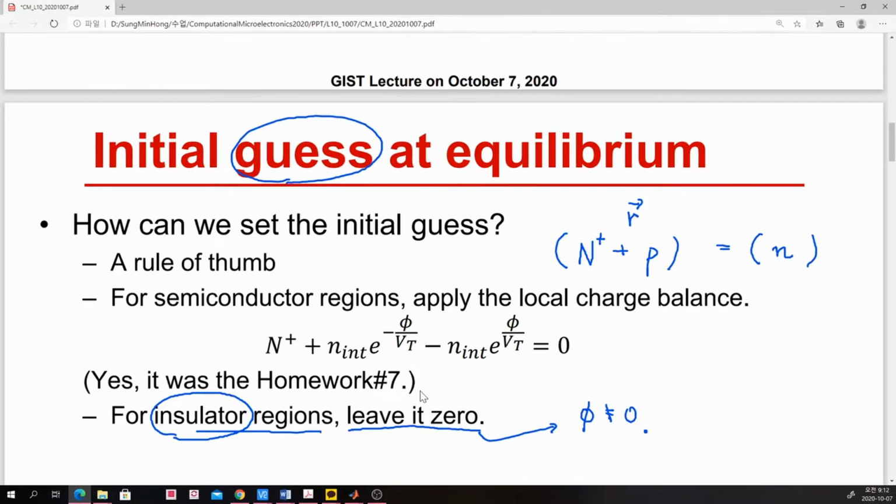Of course, at equilibrium in the semiconductor device, usually local equilibrium is not a valid condition for an equilibrium system, because there we can have a certain depletion layer. So in the depletion layer, we can have a strong electric field and charge unbalance.